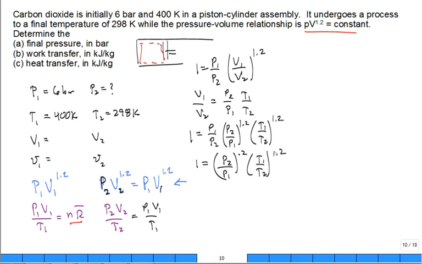Is that good? Is that equal to 1 is equal to P2 over P1 times T1 over T2 to the 1.2 divided by 0.2, that exponent? This is 0.2, right? Is that okay?